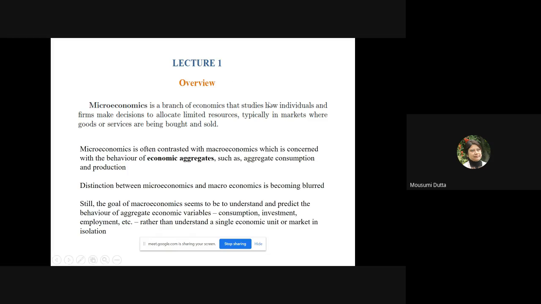Though here we are writing individuals and firms, this definition of individuals may address really a single individual. It may address a household. It may address a village, a city, a region, a country, a group of countries, etc. So it will depend on how you are defining the individual.